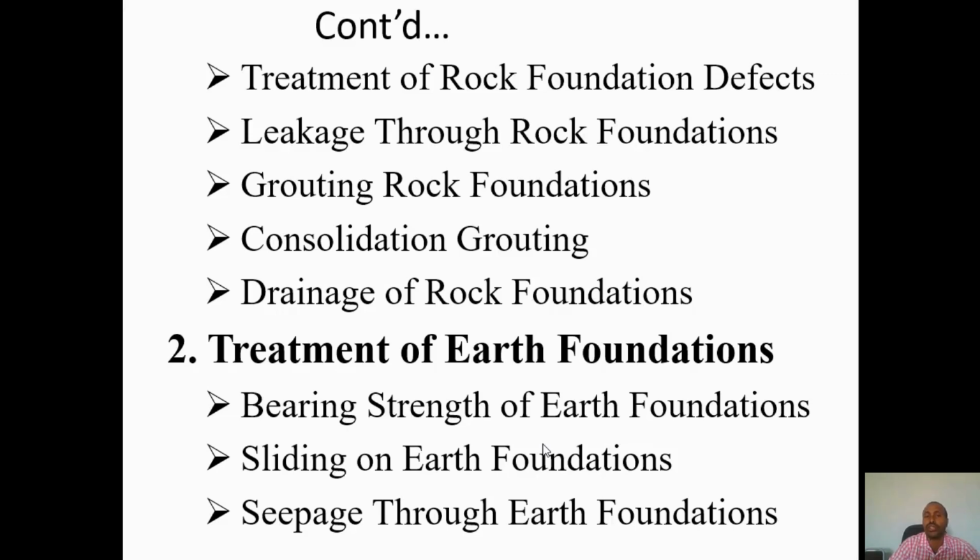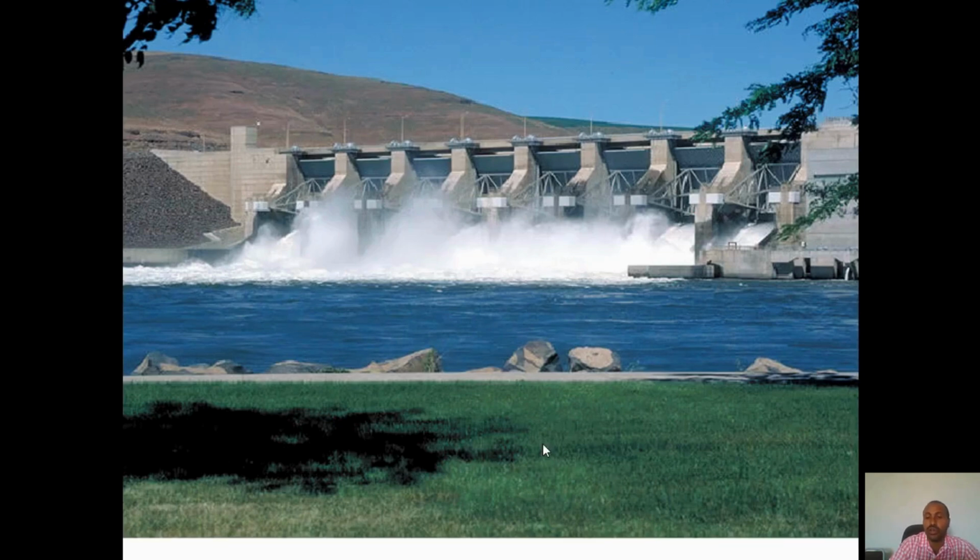Leakage through rock foundation, grouting rock foundation, consolidation grouting, and drainage of rock foundation could be done. For treatment of earth foundation, the first is bearing strength of earth foundation, then sliding on earth foundation, and also seepage through earth foundation. So if you have this, you have to treat your foundation.